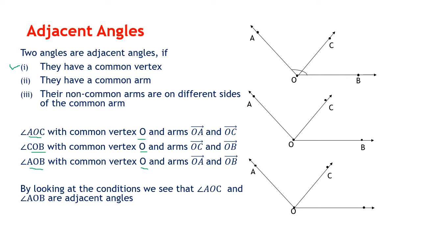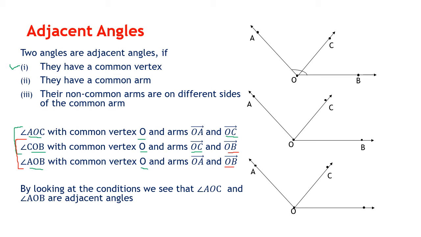The second condition: they have a common arm. You see these two angles have a common arm. Which is the common arm to both? OC. In both angles we have a common arm OC. If you look at angles COB and AOB, these two also have a common arm, which is OB.